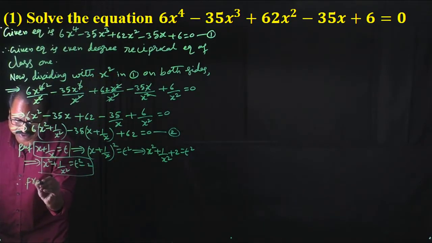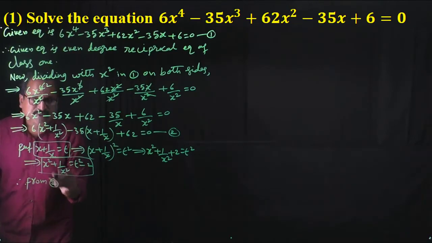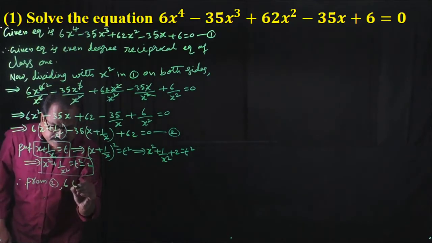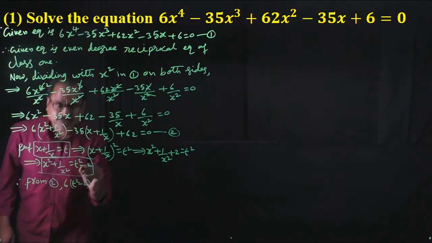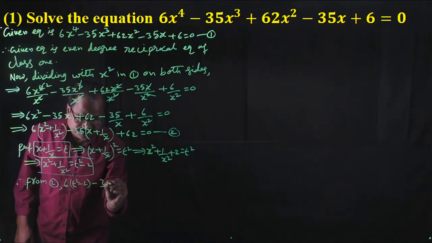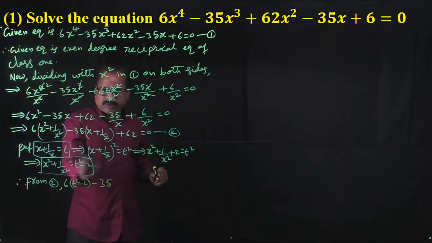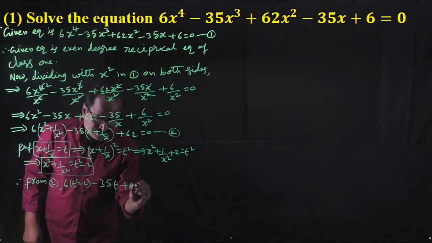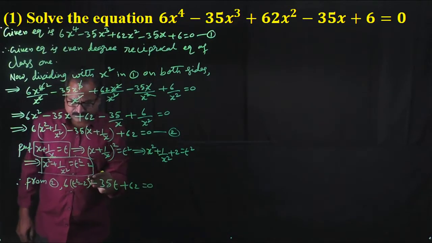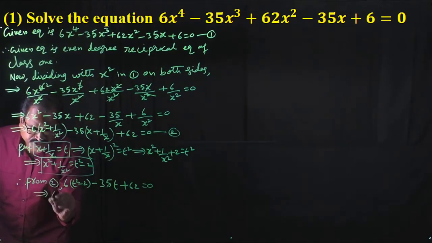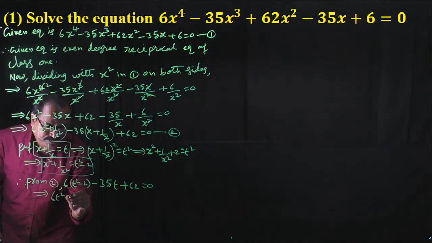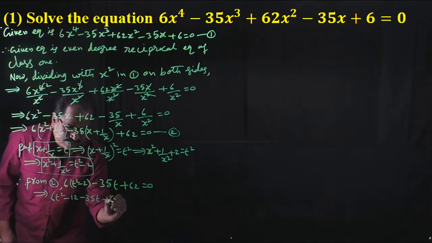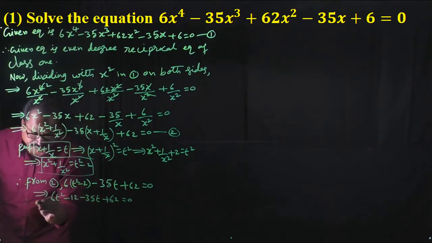Therefore, from equation 2, 6(x^2 + 1/x^2), that is t^2 - 2, - 35(x + 1/x), that is t, + 62 = 0. So this implies 6t^2 - 12 - 35t + 62 = 0.